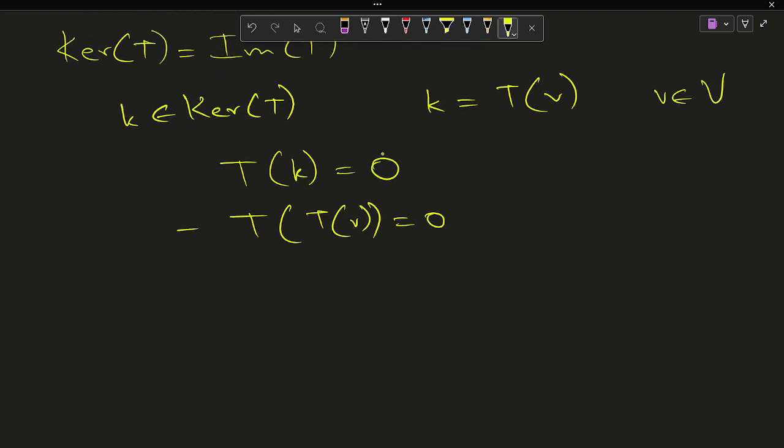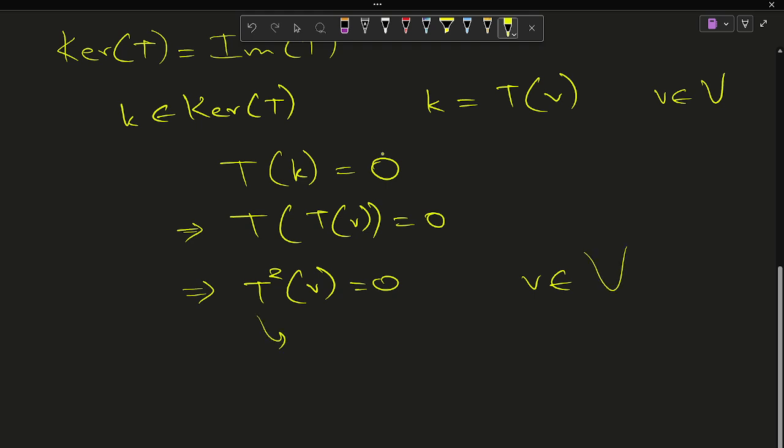So now our T square of v is 0, where v belongs to the given vector space V. So what can be done after that? Our T became a nilpotent matrix of order 2.